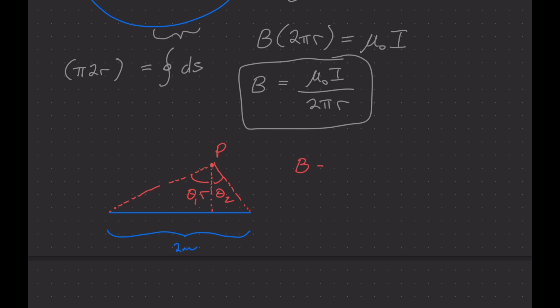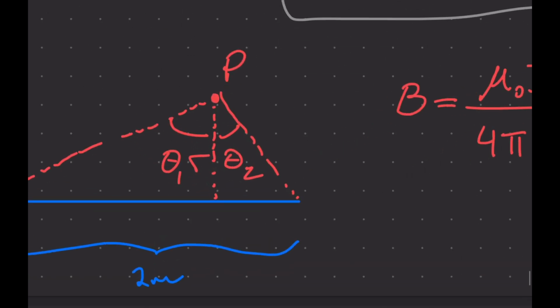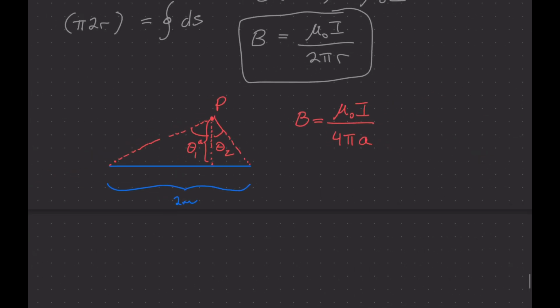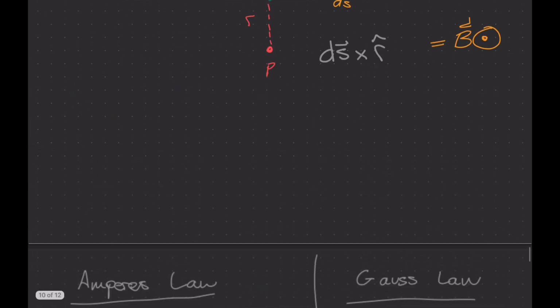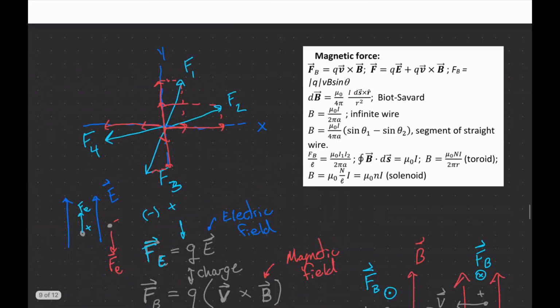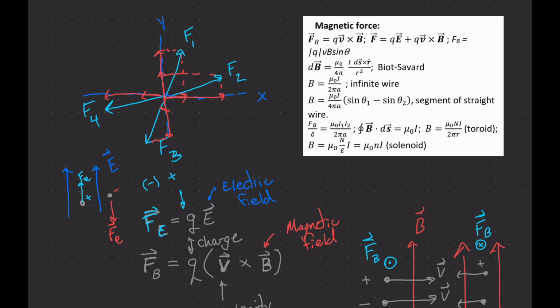So they actually give you the magnetic field. It is again mu naught I on the top. You have, in this case, instead of 2, 4 pi A or R, whatever it is. That would just be the length of this. That's A. Right? And here they have sine of theta 1 minus sine of theta 2.